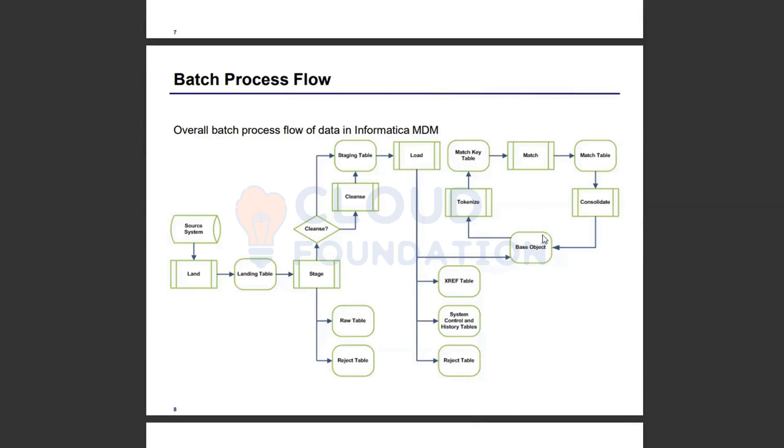Once the data is there in the base object, we go ahead and do a match and merge. Every time the data goes into the tokenization format, the tokenization will be done. Match key, match process, match table, all these things will happen and the data will finally get merged with all the duplicates or the similar records.